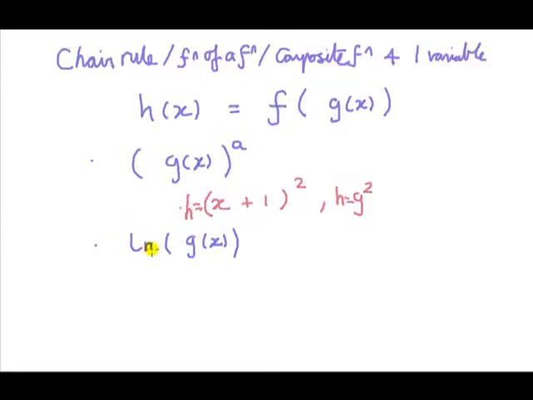Another one is log of something which is a function of x. Here the g function is this bit, which is a function of x, and then the f is the log bit.